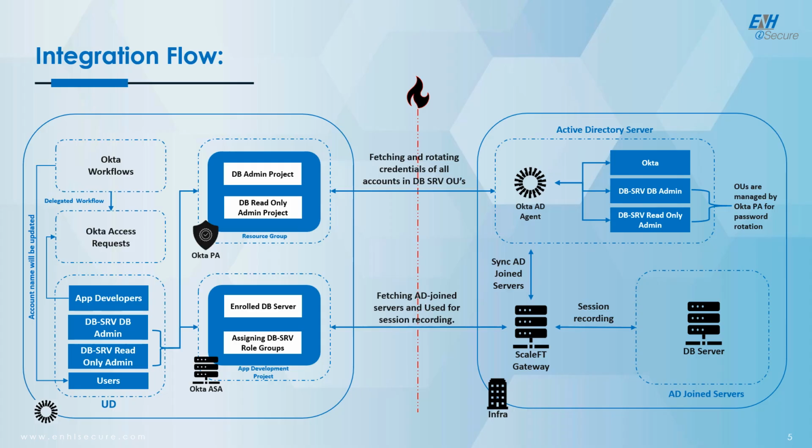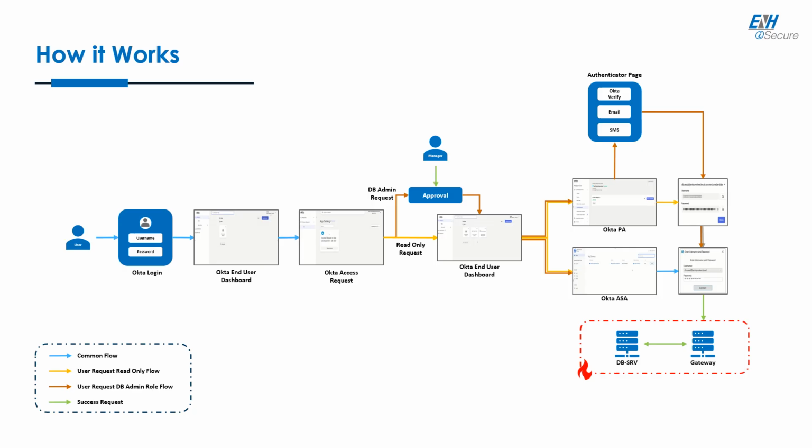In the next slide, we will see how it works for real-time users. First, the user logs into the Okta end-user dashboard and selects the Okta Access Request tile. This action takes them to the access request dashboard, where they can see the request types which are entitled to them.